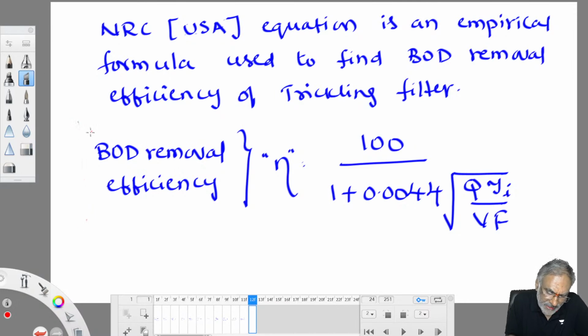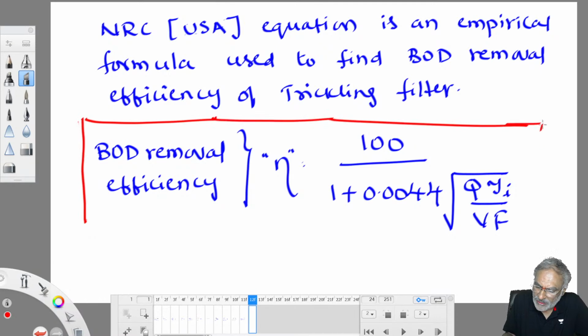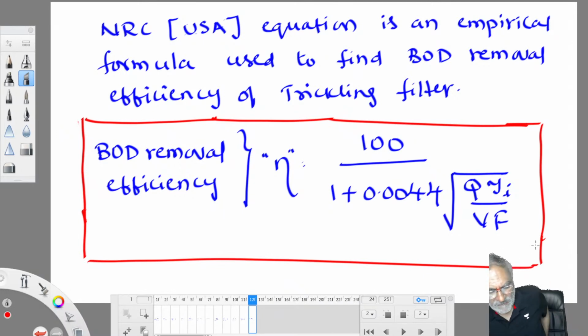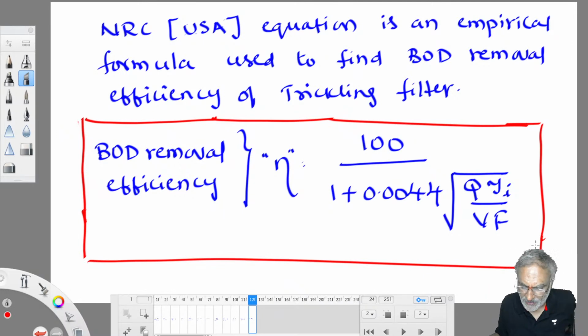If you understand the terms in this and do a couple of numerical problems, you can remember this formula. BOD removal efficiency is equal to 100 by 1 plus 0.0044 into root of Q into yi by V into F. This is the formula.